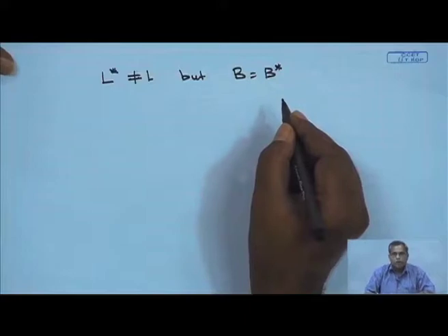That means, the boundary condition of the original problem u, at x is equal to alpha and beta, u is equal to 0, is combined into the boundary condition B, and we have selected for the adjoint problem v the same boundary condition, at x is equal to alpha and beta, v is equal to 0. So, B is equal to B star. B star is the boundary condition associated with the adjoint problem. But L is not equal to L star. So, this problem is not a self adjoint problem.